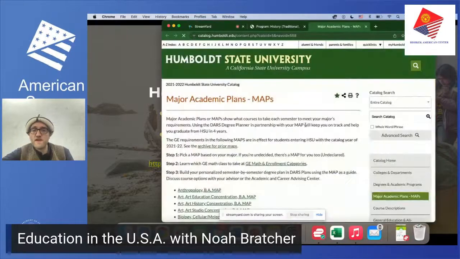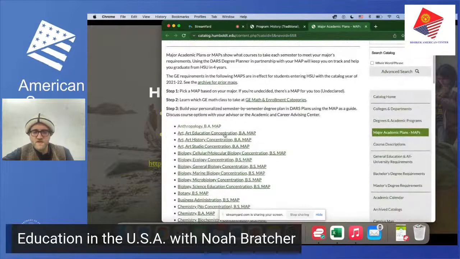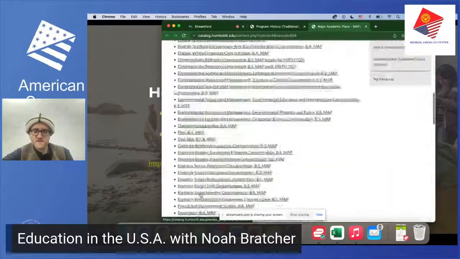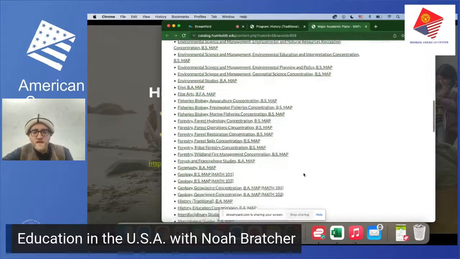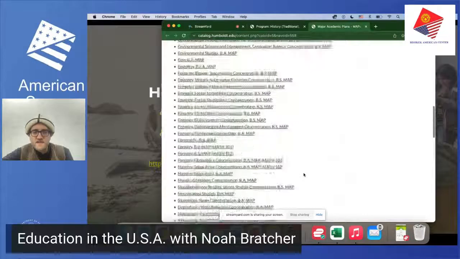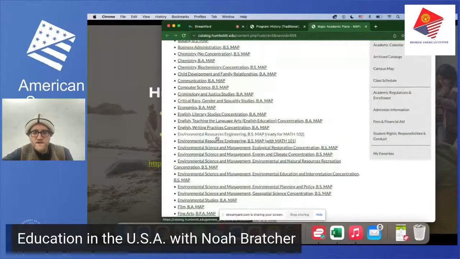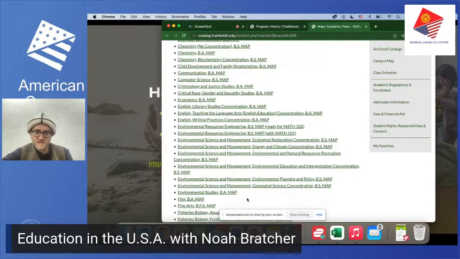We can look here at major academic plans. These are all the different kinds of bachelor's degrees you can get. So look, for example, at film, right? They only have one version of film. So it's probably not a great place to study film. But then if we go to environmental science here, they've got 1, 2, 3, 4, 5, 6, 7, 8, 9 different environmental science or environmental studies degrees, right?